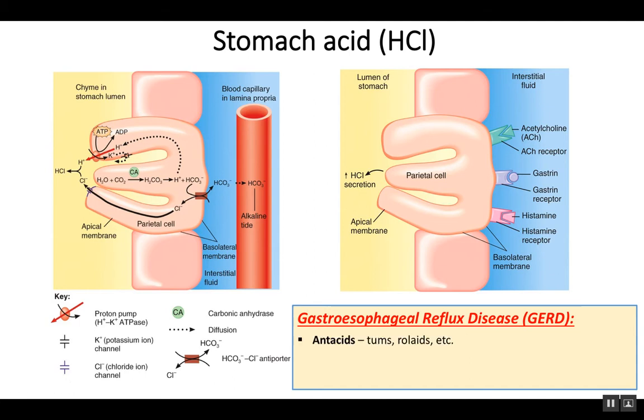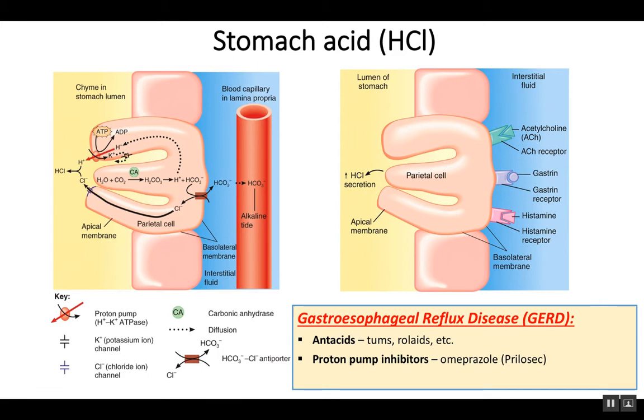One option is to take antacids like Tums, Rolaids, Maalox. There's a number of buffers that are used, and these buffers are often a calcium carbonate based buffer that can be given to just try to neutralize some of that acidity inside the lumen of the stomach.